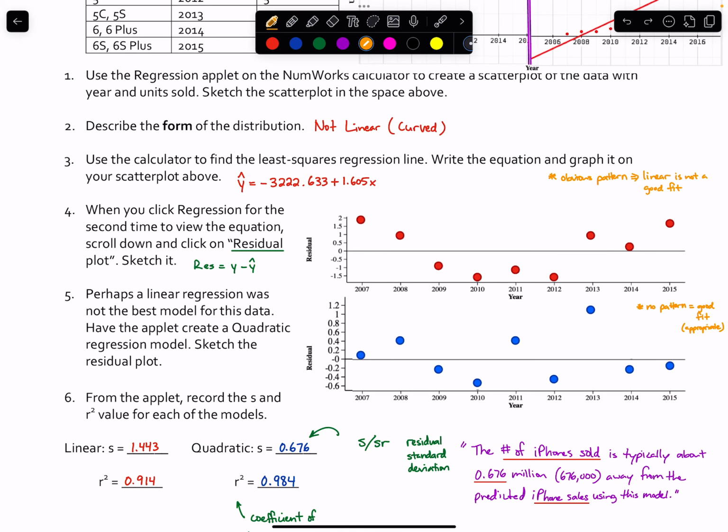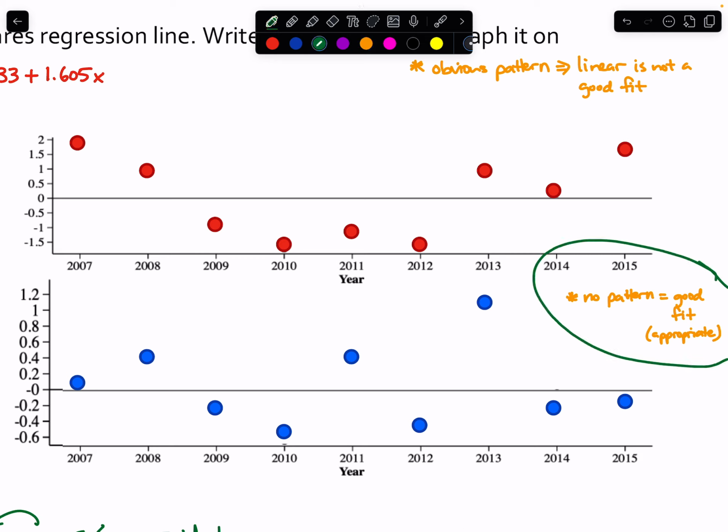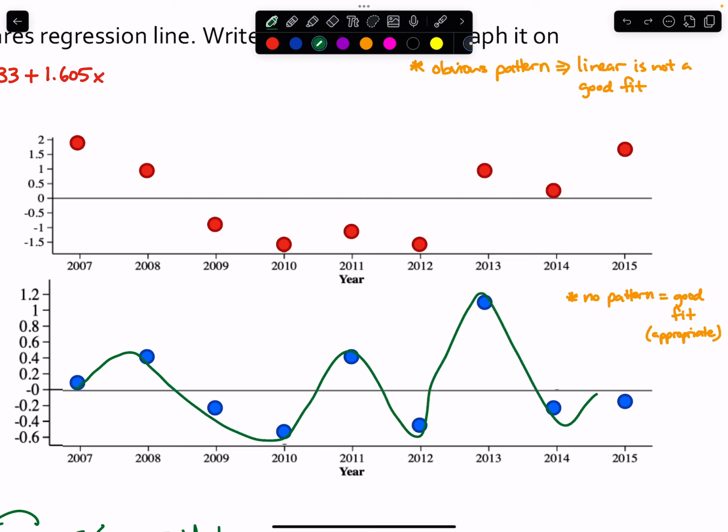So in a residual plot, I really do want to see no pattern, right? When I see scattered data points, that's a good thing. We can see that in this one because it goes up and then down and then up again, down and up and down, just bouncing back and forth, versus this top one that was very patterned.